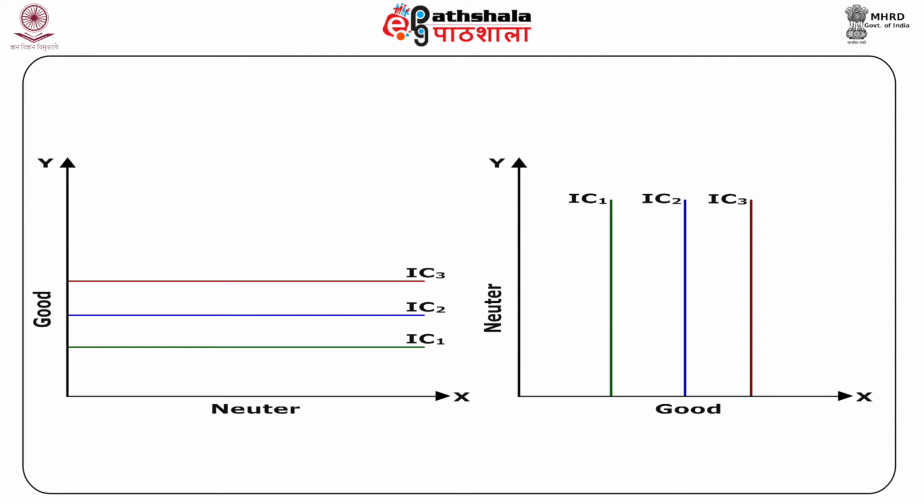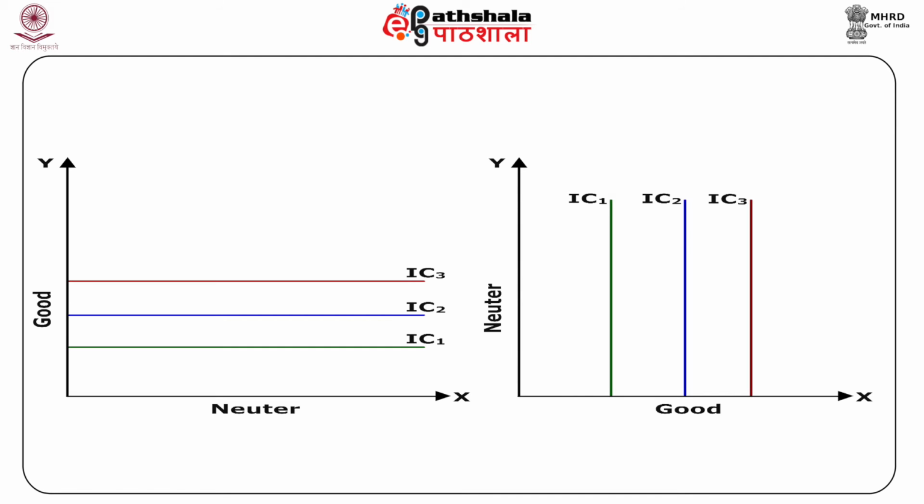If commodity X is neutral and Y a normal commodity, the indifference curve will be a horizontal straight line as shown in figure 15a, indicating that a higher satisfaction level can only be achieved by increasing the consumption of a normal good.